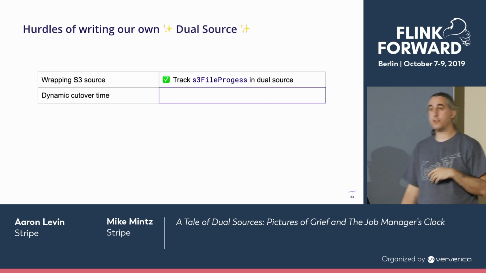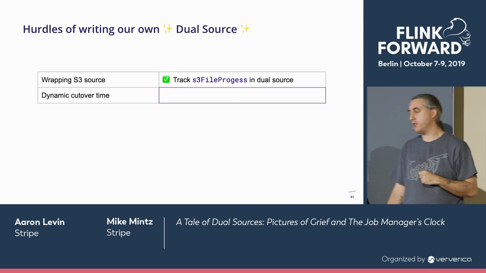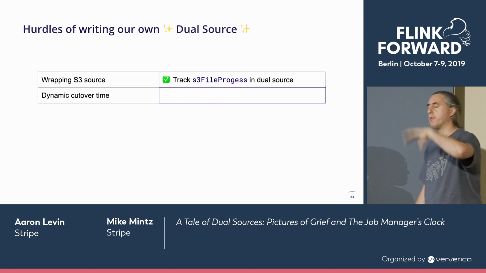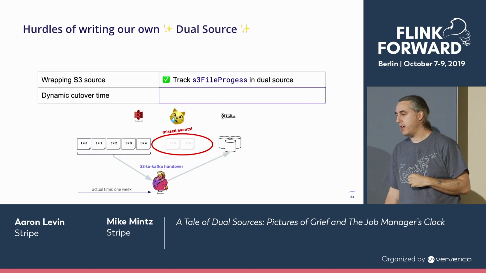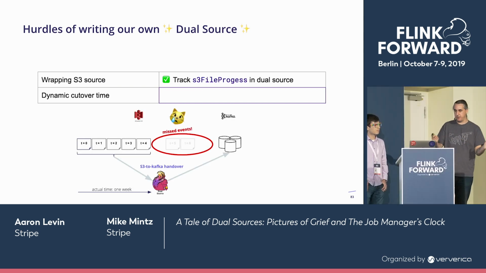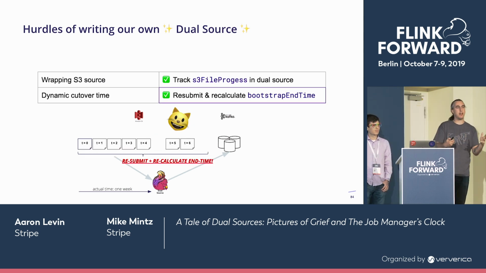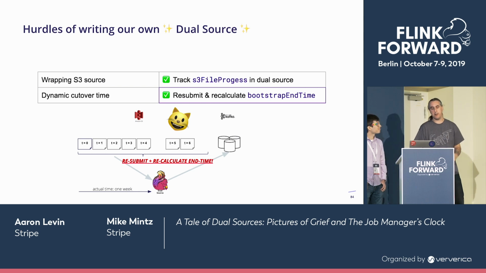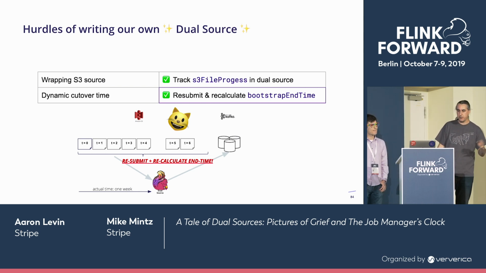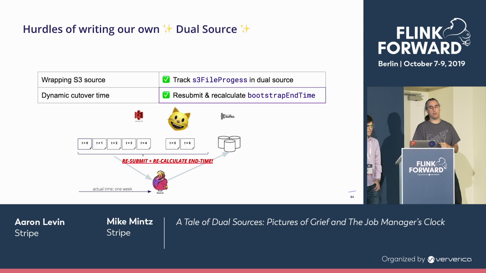The second hurdle was introduced partly by the first and had to do with the retention period in Kafka. If we did it naively, we would miss a bunch of events when we want to switch. And we solved this by resubmitting the job and recalculating the end time whenever we get close to Kafka, and only doing it when we're assured that we're going to be safe.